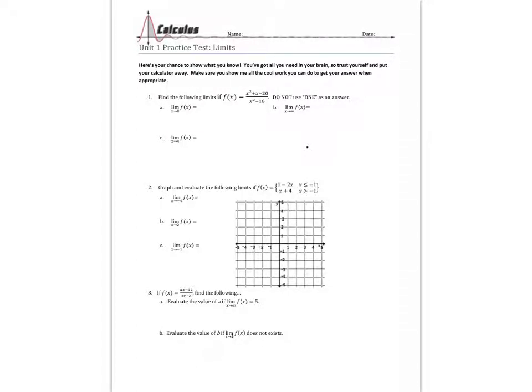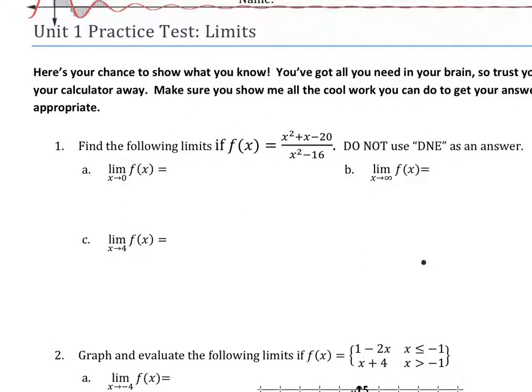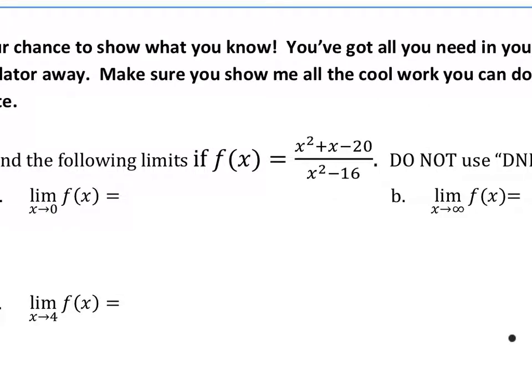All right, time to review some limits as we get ready for our limit test. So let's go through this review here. So we have a function here with a rational function, and we want to find some limits. First thing we'll want to do here is factor this.